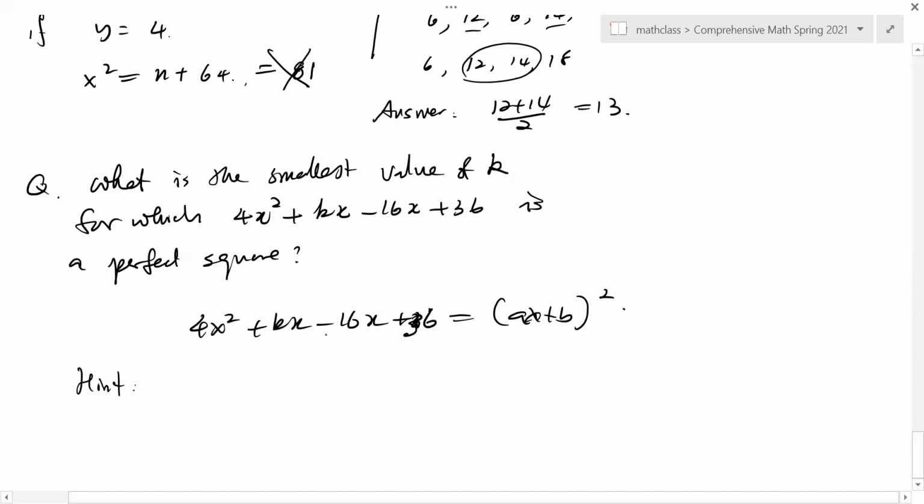If it's a perfect square, this is equivalent to saying that it has a unique root. The root means a solution, okay? Because when you set this to be 0, x plus b equals 0, right? It's only one root. It's not like two distinct roots.